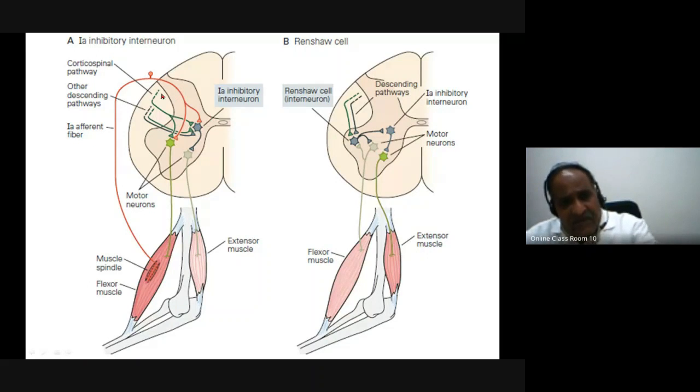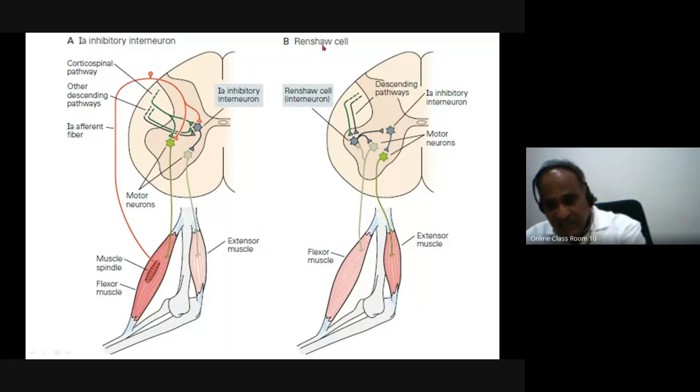Now you have these modulators. These are modulators coming from the brainstem and the corticospinal tract. These are the modulators coming from the brain or supraspinal segment. They will modulate. Here you also see that the Golgi bottle neuron or the Renshaw interneuron receives inputs from the descending fibers coming from the brainstem, reticular system, vestibular system, or the corticospinal system.